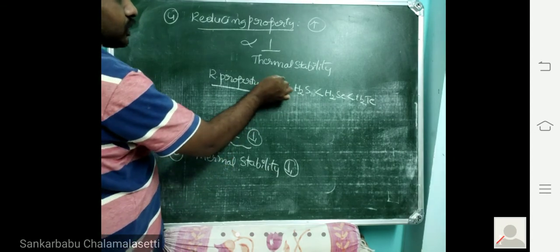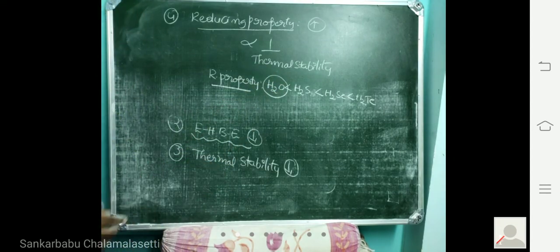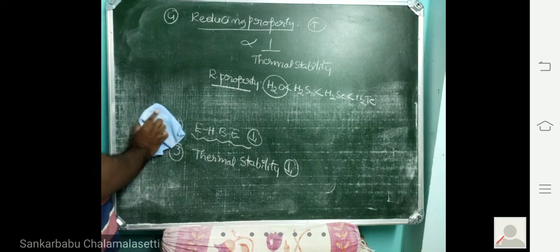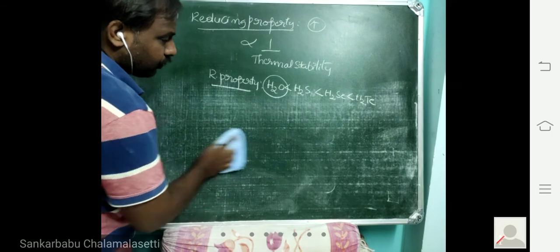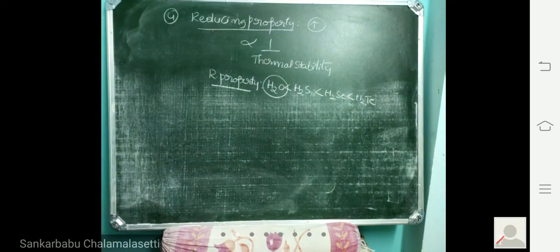H2O is a weak reducing agent and H2Te is a strong reducing agent. Except H2O, all the remaining hydrides have reducing property. H2O does not act as a reducing agent, and all other hydrides act as good reducing agents.